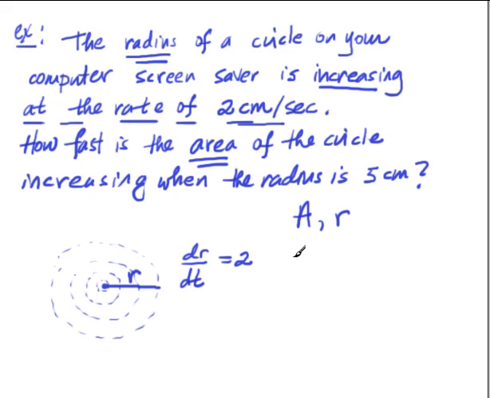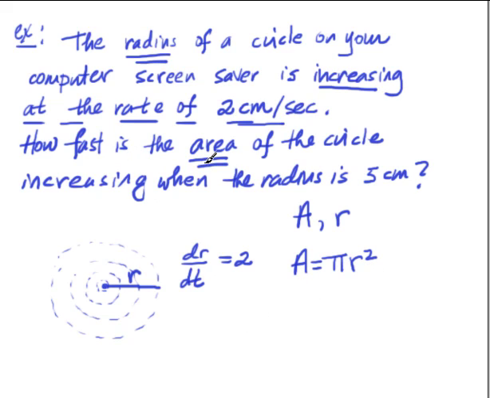Very often our equations in related rate problems come from some sort of geometric area or volume. In this case, we need the area of a circle, and the area of a circle is pi r squared. So this is the relationship between our two variables, A and r.